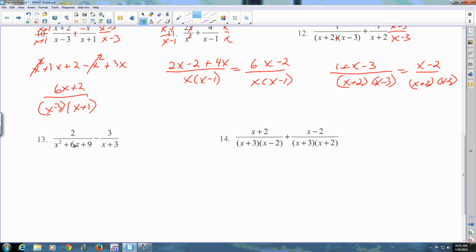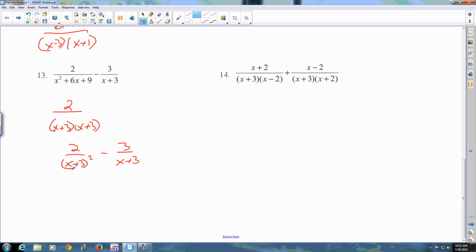When you look at this, expect that you're going to have to factor it. So this is the same thing as 2 over x plus 3 squared minus 3 over x plus 3. So this is your LCD. It's akin to 1 over 5 squared plus 1 over 5. 5 squared is your LCD.